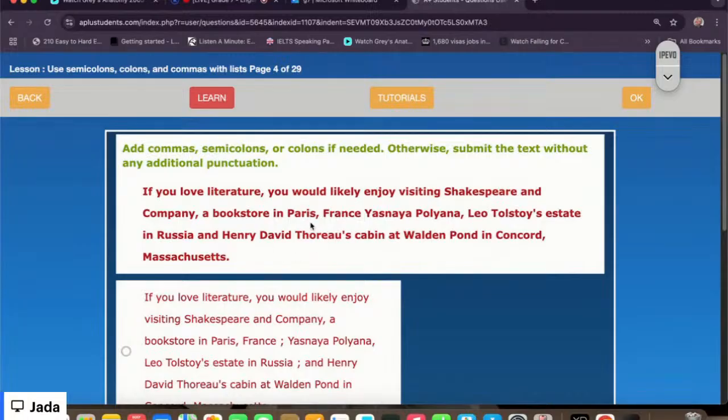So if you love literature, you would likely enjoy visiting Shakespeare and Company, a bookstore in Paris, France; Yasnaya Polyana, Tolstoy's estate in Russia; and Henry David Thoreau's cabin at Walden Pond in Concord, Massachusetts.